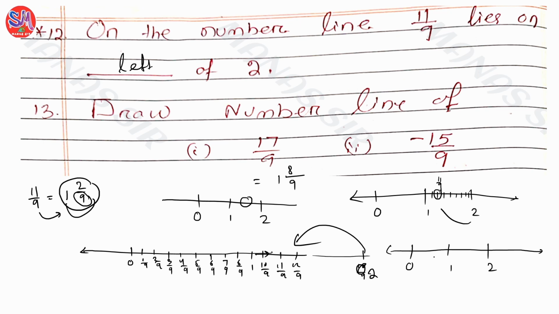Yes or no? Now 1 whole we divide from 1 to 2, that is 9 parts means 8 lines. 1, 2, 3, 4, 5, 6, 7, 8. Now which one is it? The last one, that is the 8th part. This is the answer, that is 17 by 9. Similarly, you can solve minus 15 by 9 on the left side of the 0.